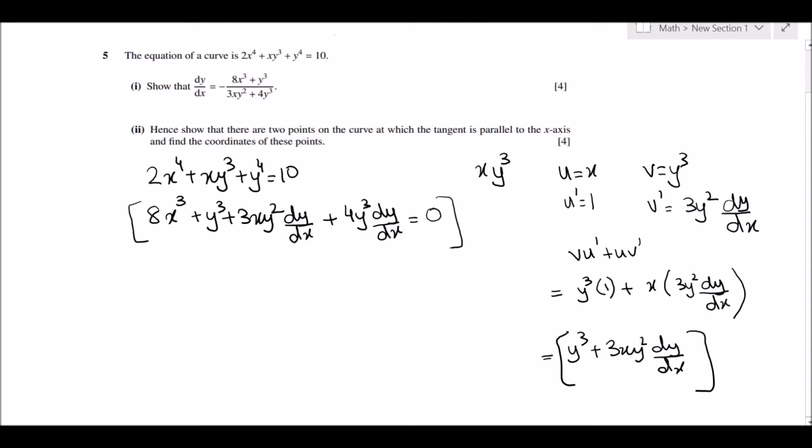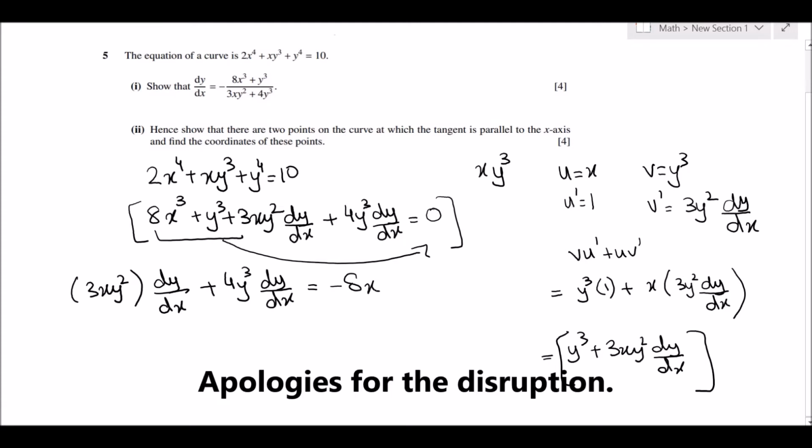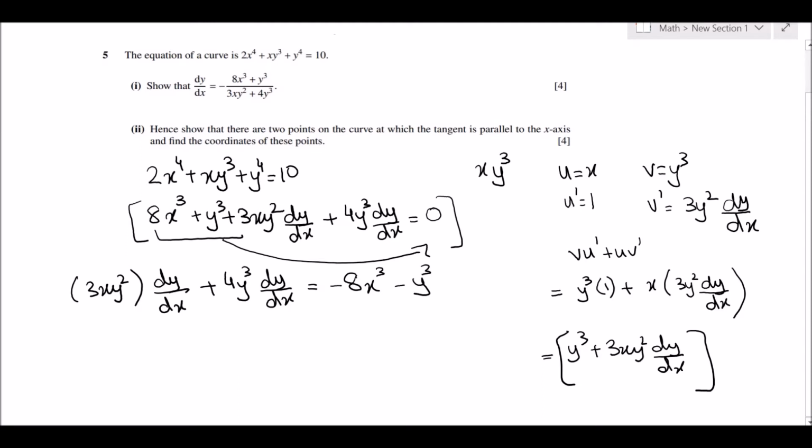We are going to simplify this. I'm going to bring these to the right side. So it's going to be minus 8x to the power 3 and minus y cube.